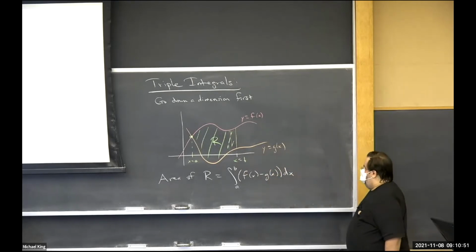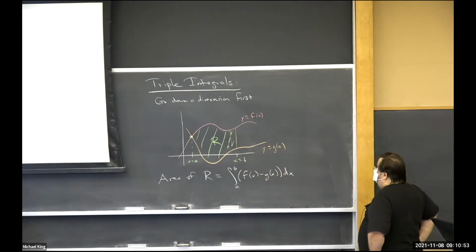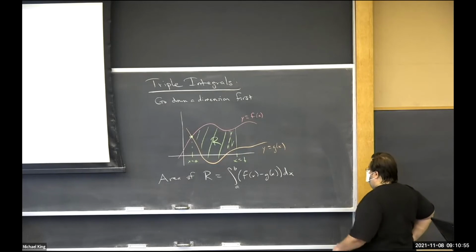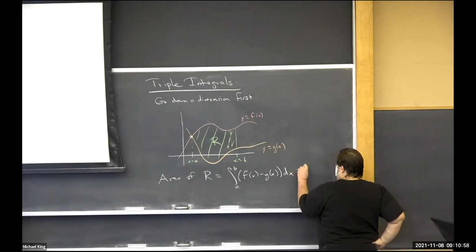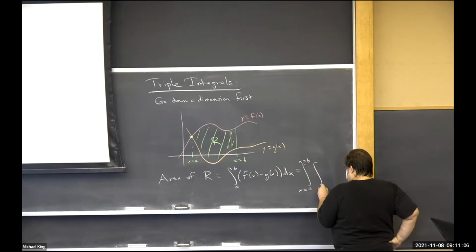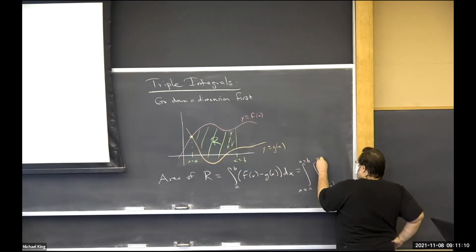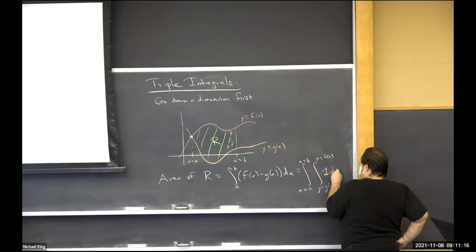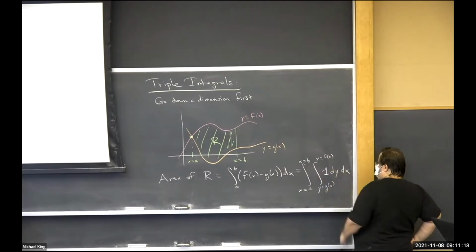We have a bunch of little Riemann sum rectangles, and each one of them is the difference in the heights. But now that we've thought about life in terms of double integrals, we could rewrite this as this double integral right here, the integral of 1 dy dx.